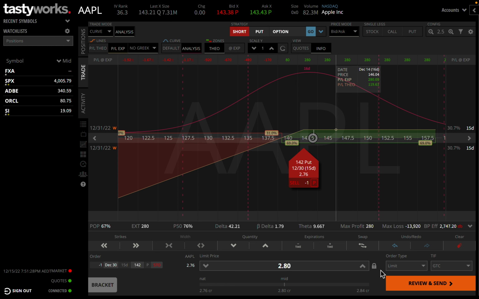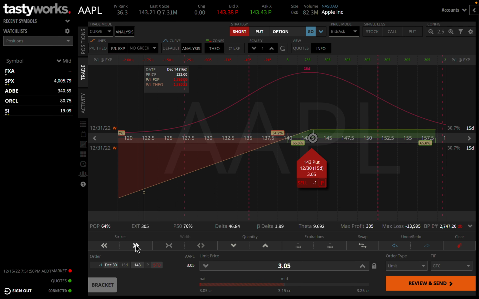So if you have a look here, max profit, that actually means 280 that you would collect, right? So if you were wanting to actually own it, you could sell this option really close to the strike price at 142 or even 143, and you get $315. So you'll get paid to buy it essentially.